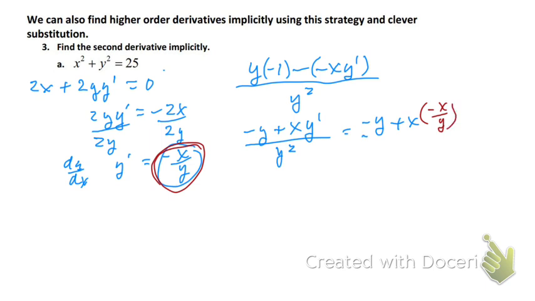Over y squared, which equals what? Minus y plus, okay, it's going to be a negative in it. Negative x squared over y squared. And we could mess around with that and reduce it some, but that's what it's going to be.